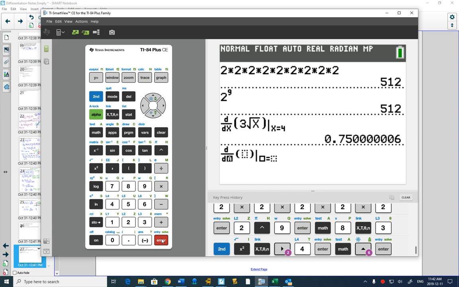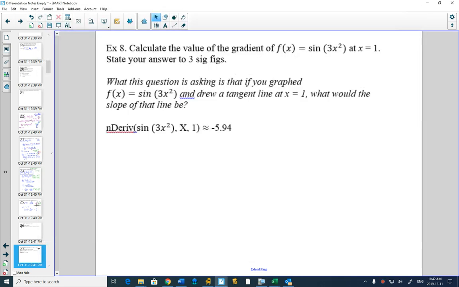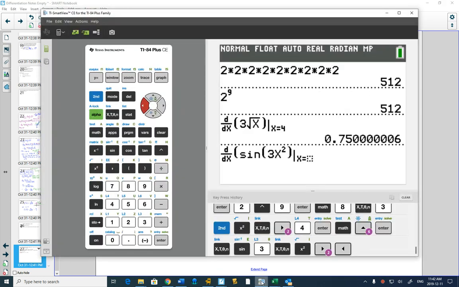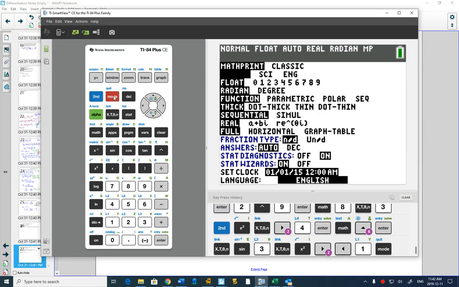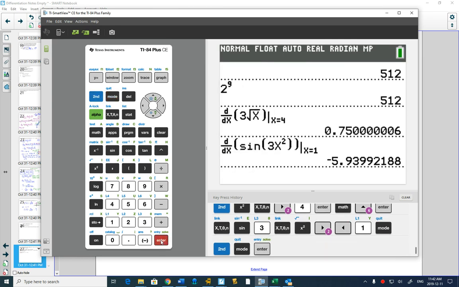So d dx of sine of 3x squared when x equals 1. Now, we might get different answers here. Make sure that your mode in all of derivatives are always based off radians. So when you get to trigonometric functions, it needs to be in radians. Mine is in radians. When I push enter now, I get negative 5.94.